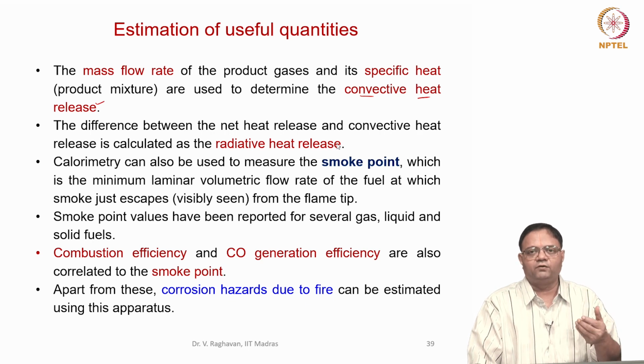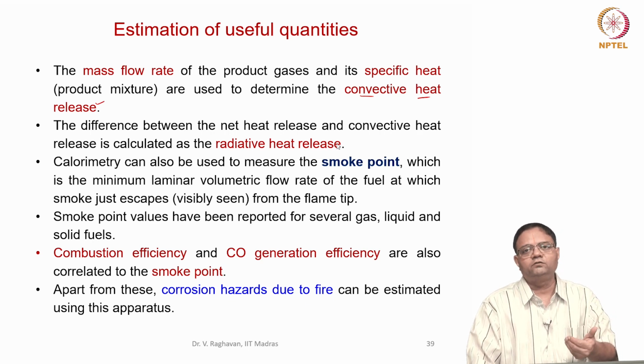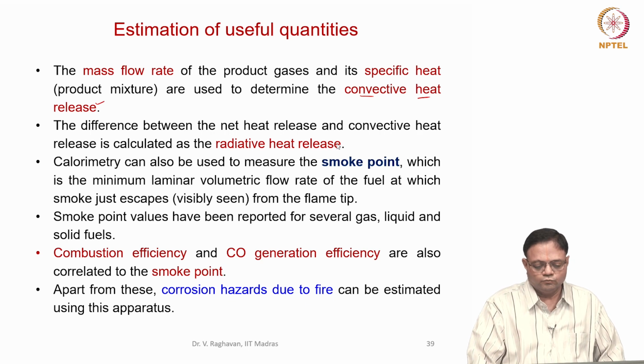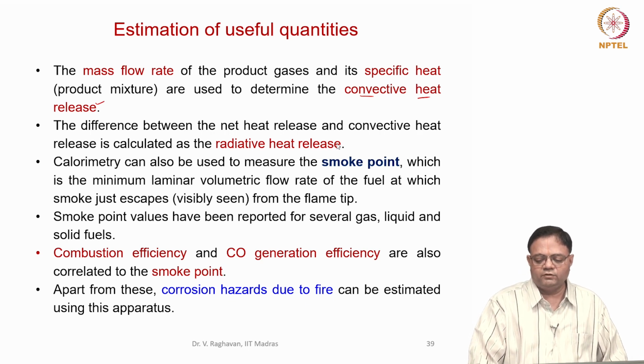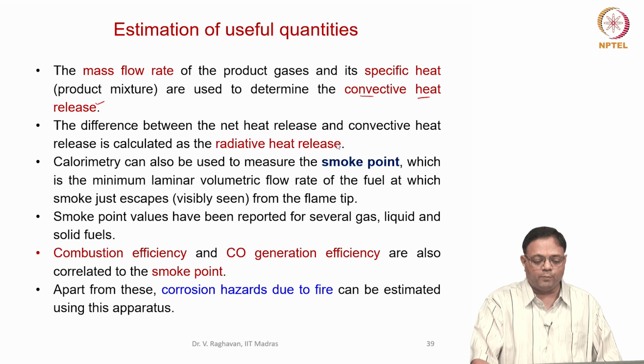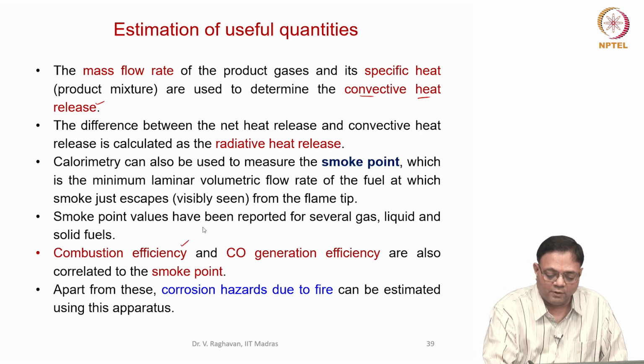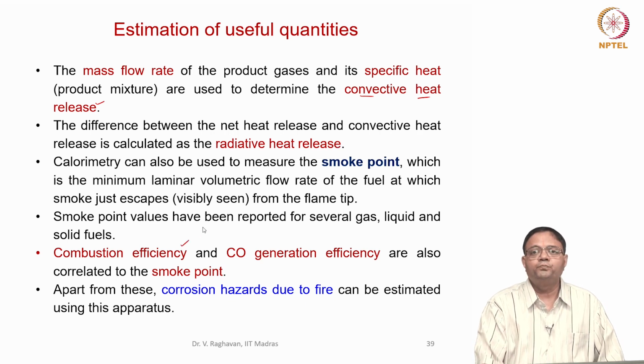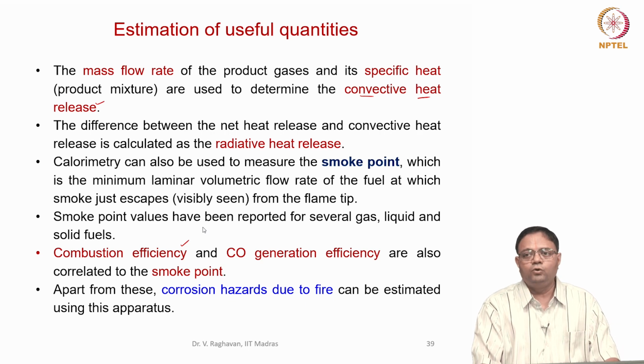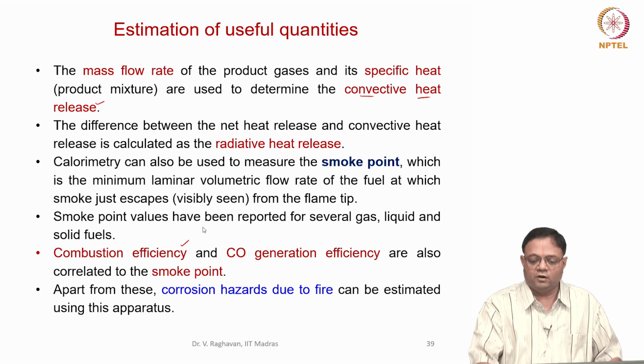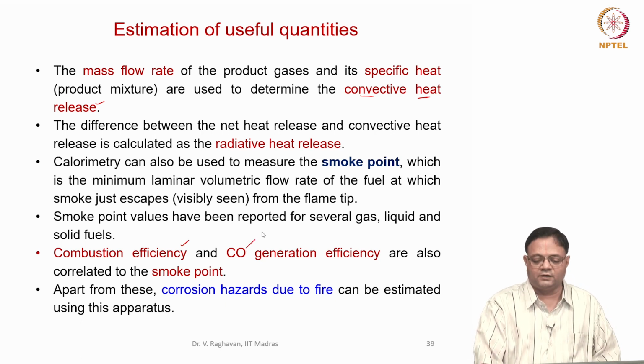Then find at what rate it burns, smoke is visibly seen. Then it can be calculated with several properties. Then combustion efficiency, that is, in a given scenario, how much complete combustion occurs, or how much CO is generated, etc., can also be determined using the calorimetry.